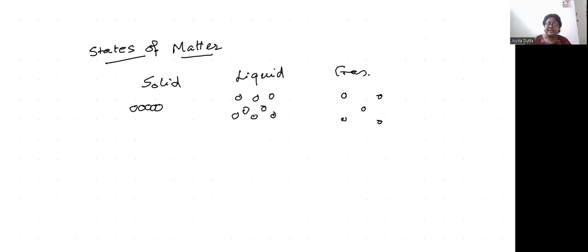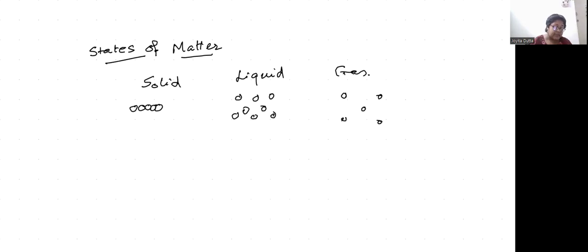If I have half a glass of water, the rest half of the glass is not empty, it is filled with gas. The gases are free to move around. All right, so these are the various states of matter.